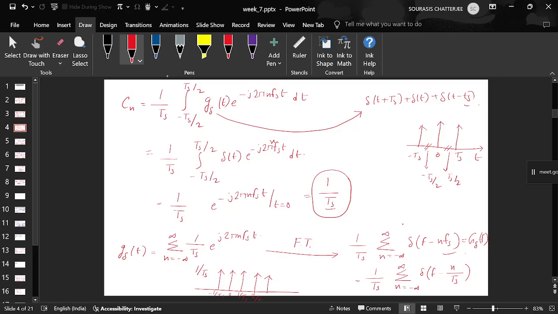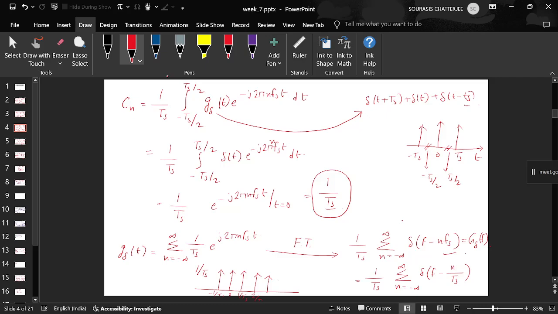So in the time domain, if the gap between the impulses shrinks, in the frequency domain the gap will expand. And in the time domain, if the gap increases, that is your sampling period is more, then your sampling frequency will be less here.